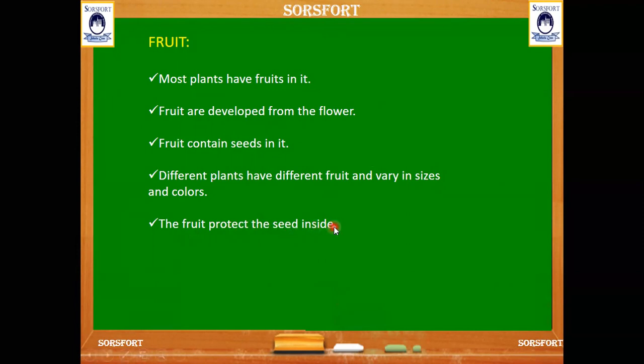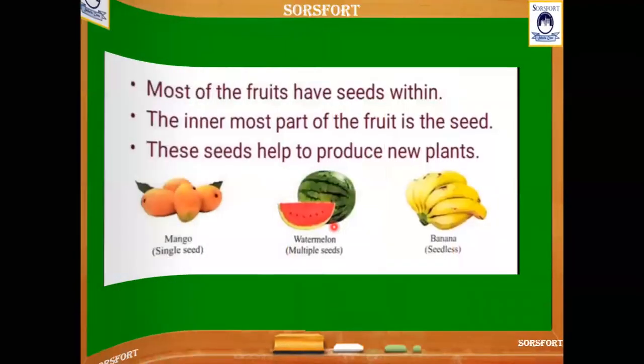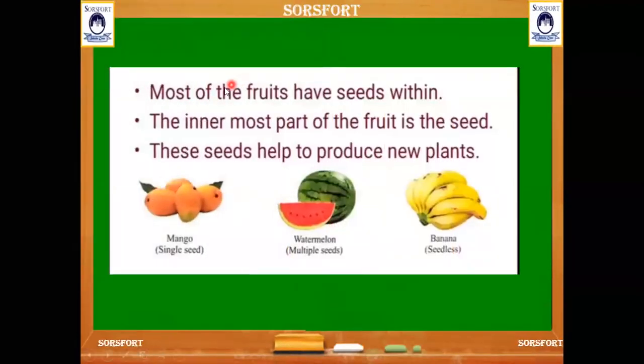Where can we find the seed? The seed will be inside the fruit. We can see here most of the fruits have seeds within, and the innermost part of the fruit is called the seed. These seeds help to produce a new plant. Where will be the seed? Inside the fruit, which has a new plant in it.